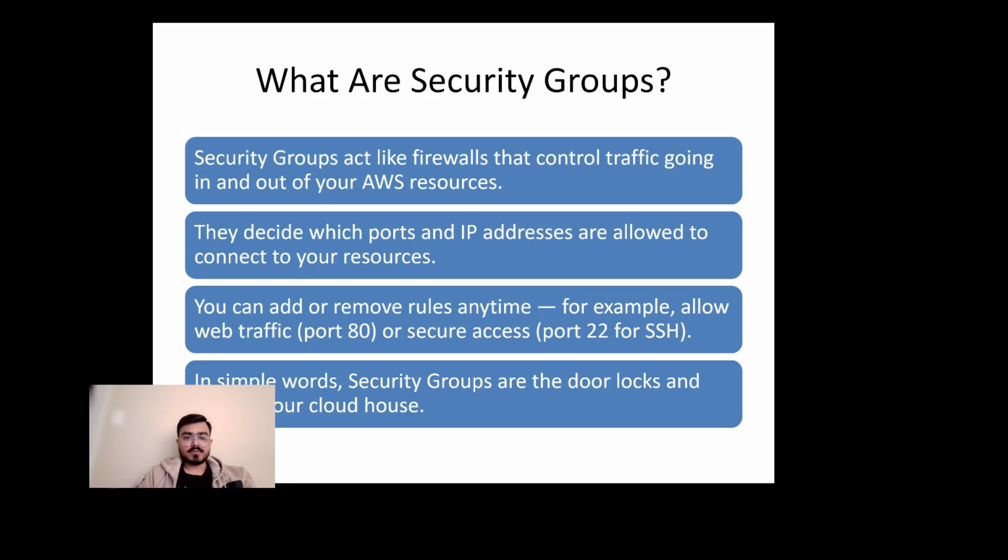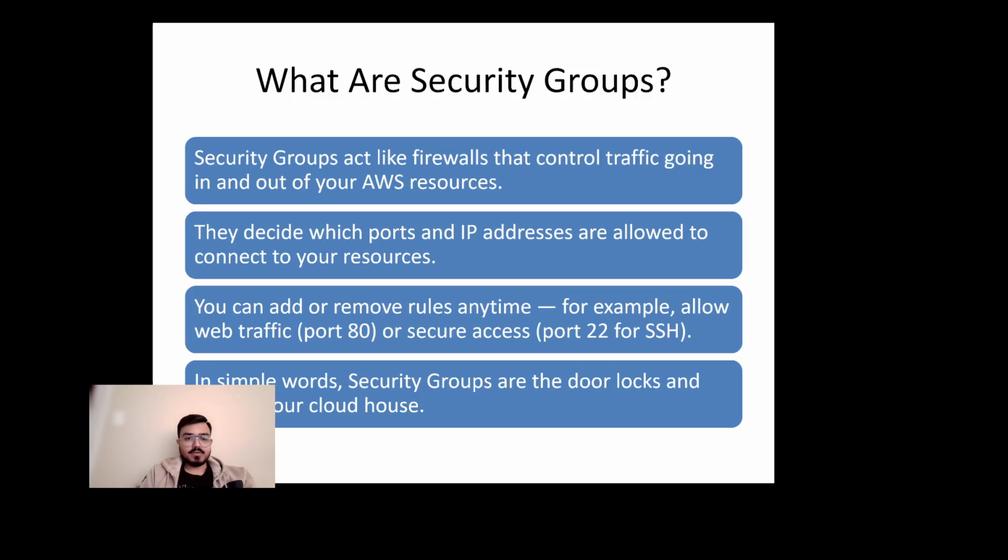What are security groups? Now let's move to the third important part, security groups. A security group is like a firewall or a door lock that controls who can come in or go out of your resources.